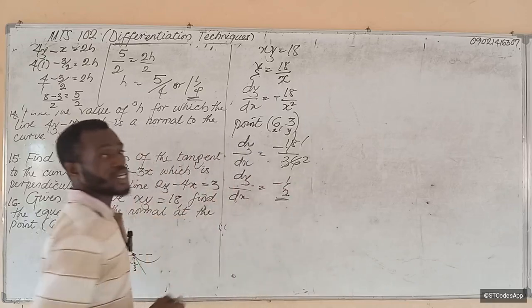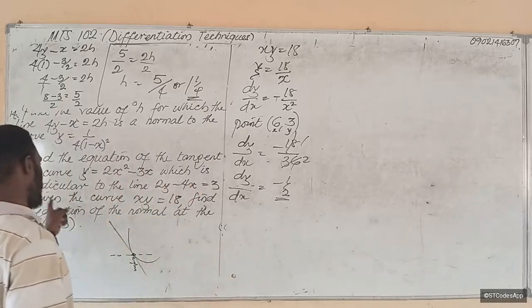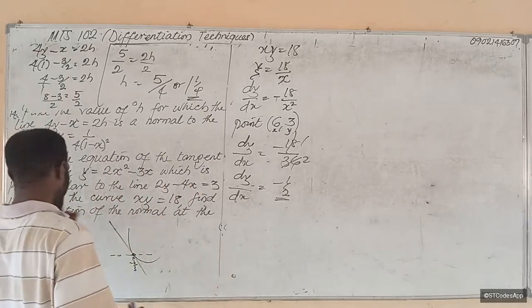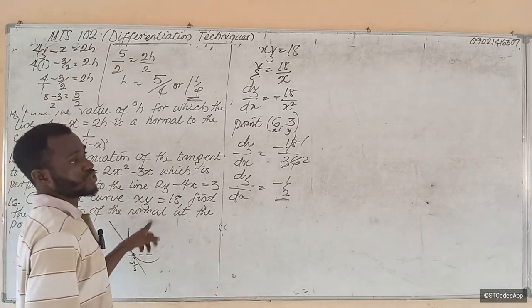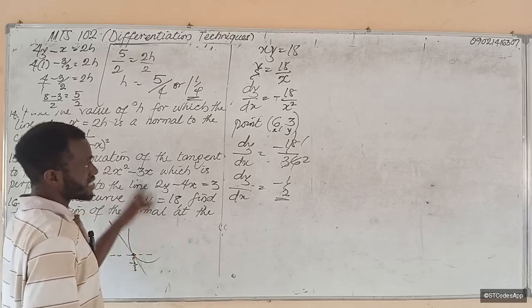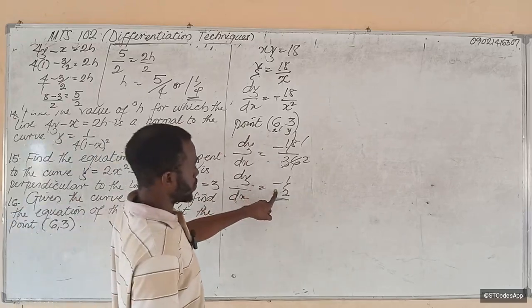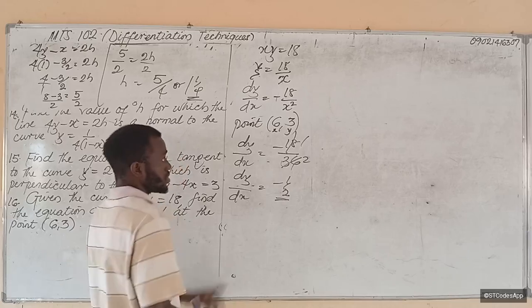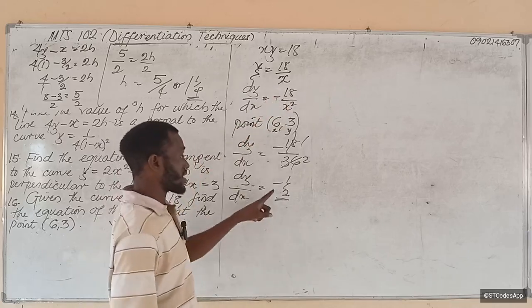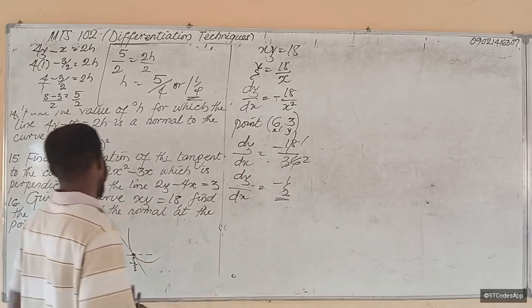Do you understand what I did here? It says that given this curve, we should find the equation of the normal. To find the equation of the normal, we have to first know the gradient at that point. At which point? Point 6, 3. This is the equation of the gradient, and this is the actual value of the gradient, minus half.